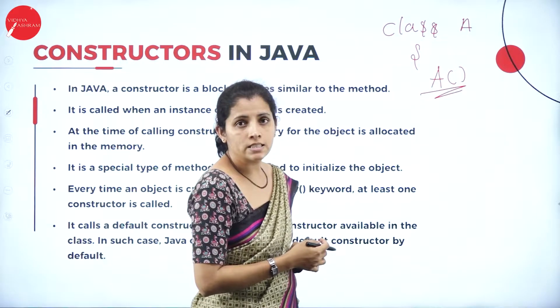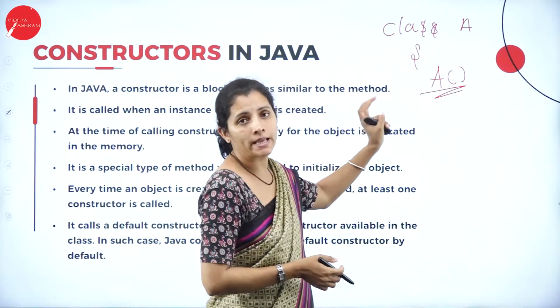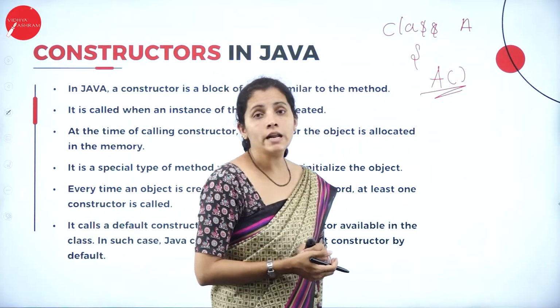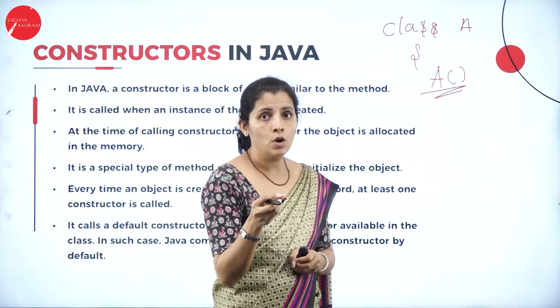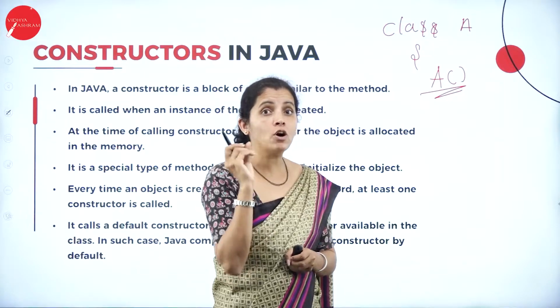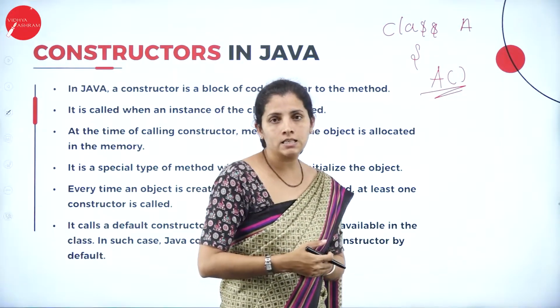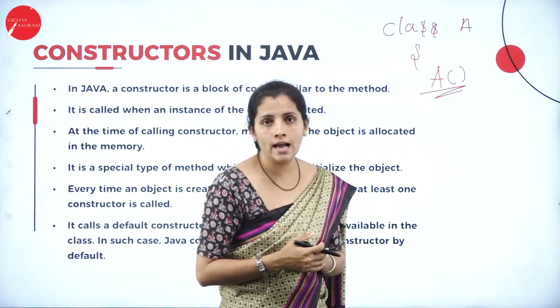So what is a constructor here? My class name is the same as the method name. And when are constructors invoked? When I create the object of the type class, that time the constructors get invoked or initialized.